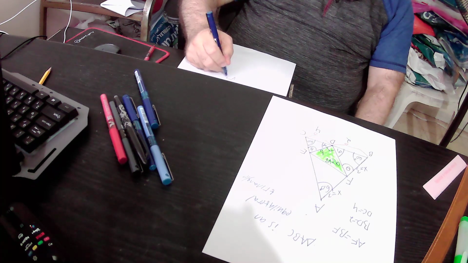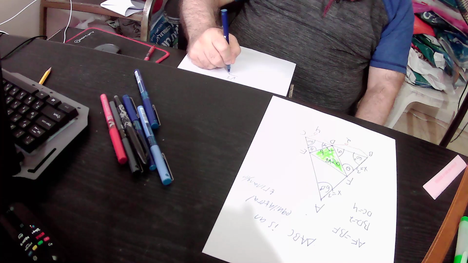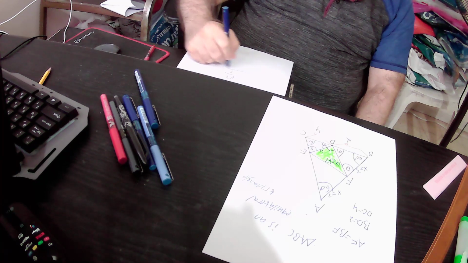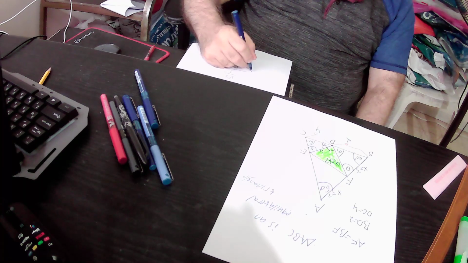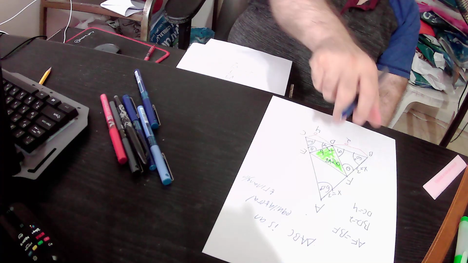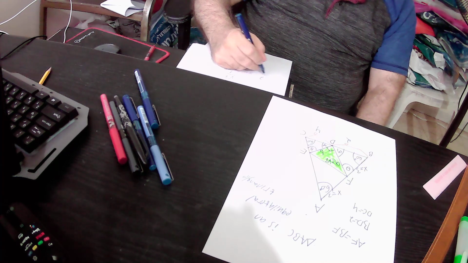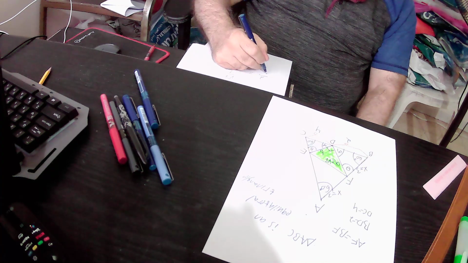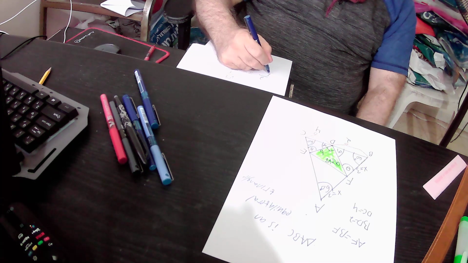So in total we will get root 7 over root 3 over 2, and BD equals 2 units, and sine theta is the missing variable.